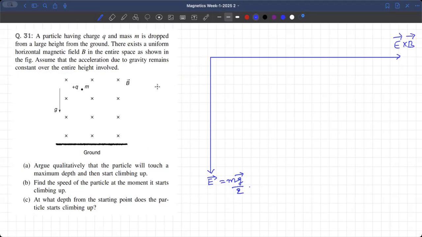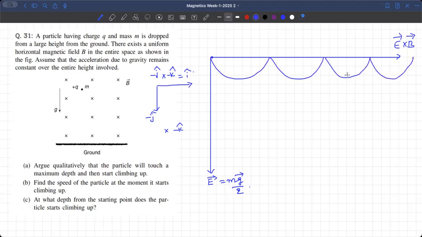Very simple. If you take downward as minus j cap and into the plane as minus k cap, then minus j cap cross minus k cap is plus i cap, since j cap cross k cap is i cap. That is how I have identified it. And I told you, if you release a charge here, that will act as the axis along E bar cross B bar.